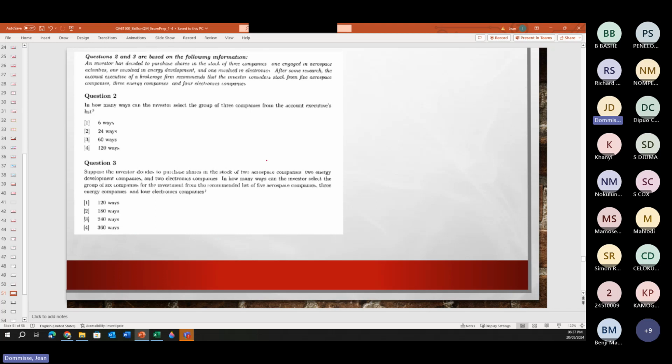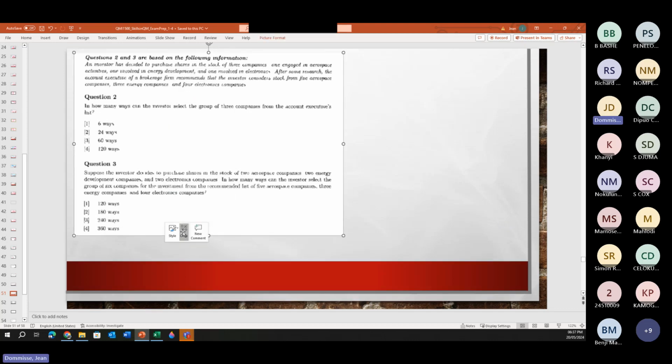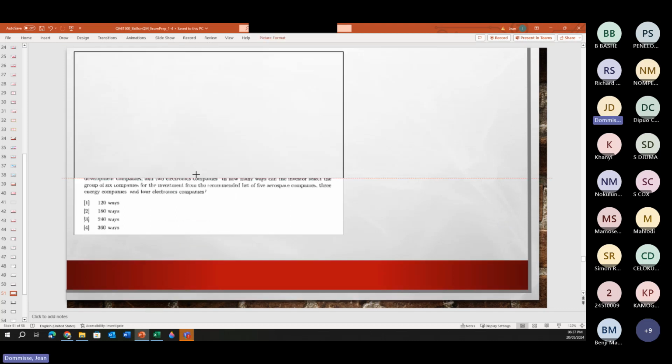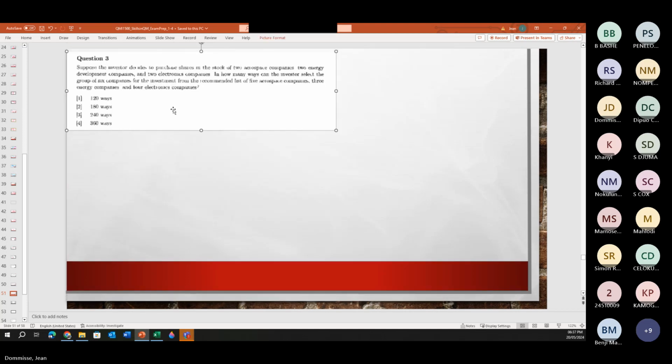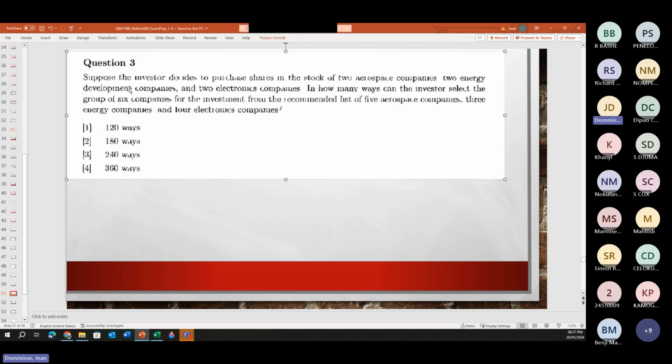Okay, so now they tell us a bit differently, so let's see if it's now going to be the other way around. Suppose the investors decide to purchase shares in the stock of 2 aerospace companies, 2 energy development companies, and 2 of the third kind.